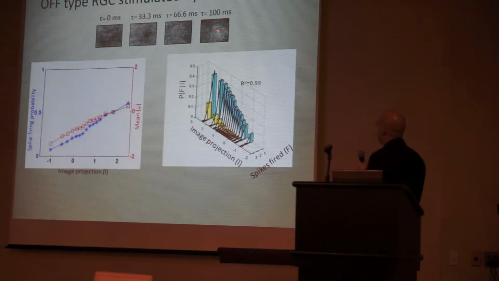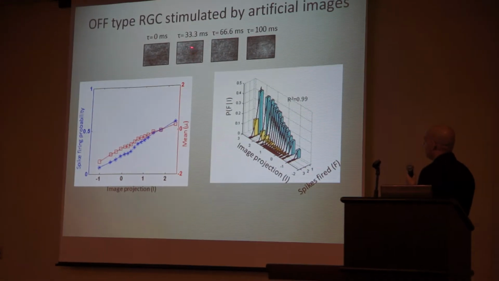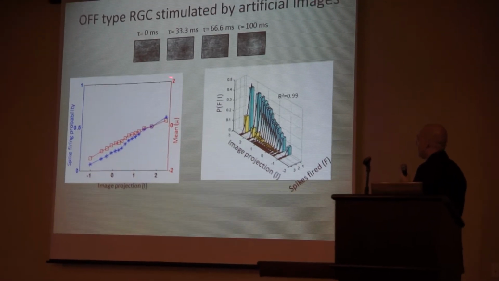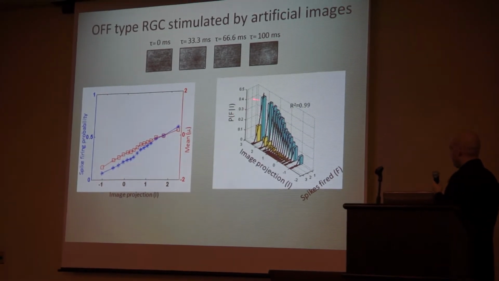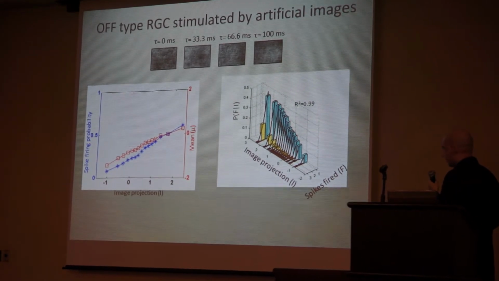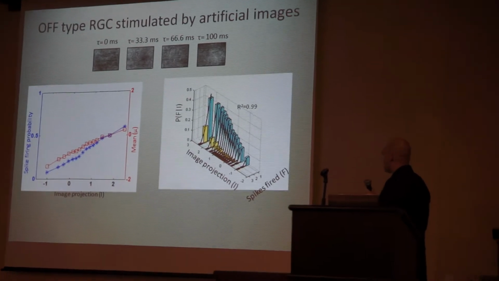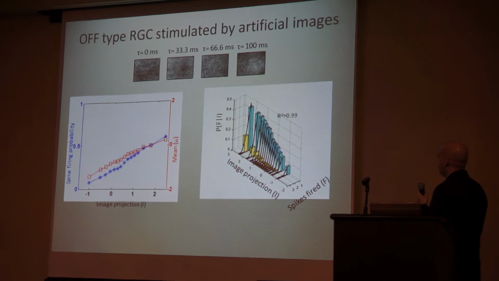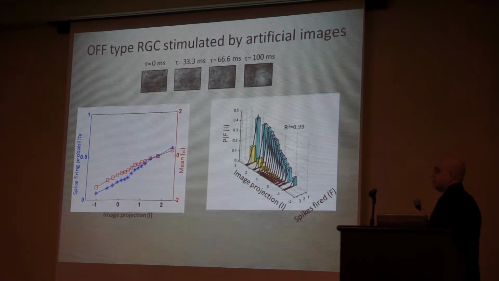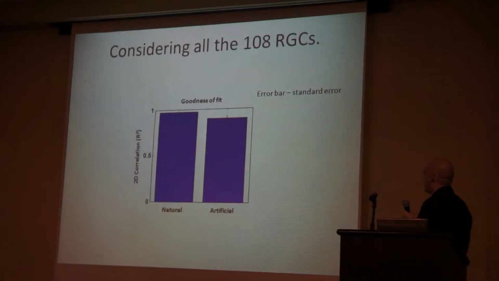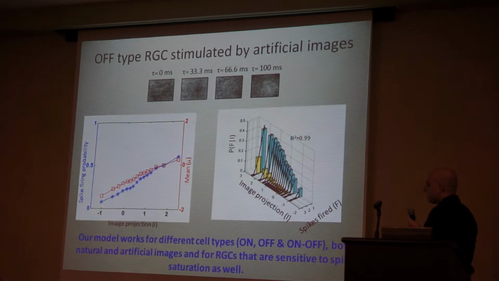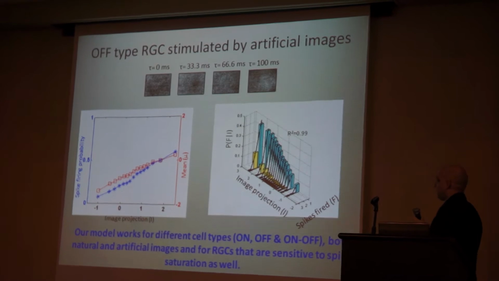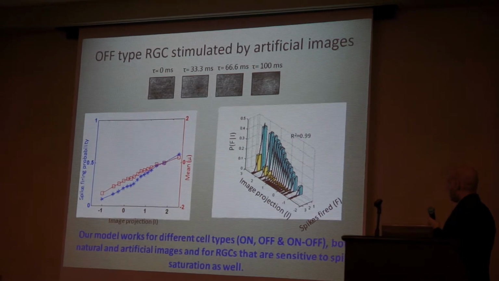You can see a bright center changing into a dark center, and it is not sensitive to spike saturation, meaning it falls monotonically for increasing spikes fired, and our model still captures this very well, and it is stimulated with artificial images. So in essence, our model works for different cell types and different stimuli types.